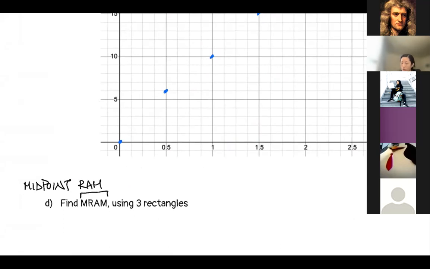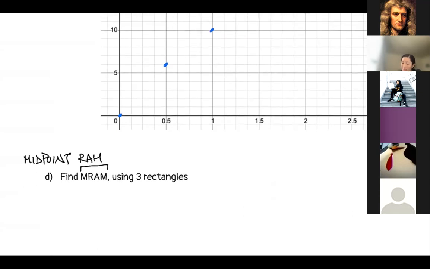Now, if we were to draw these, okay, let's think first about how many rectangles we have here. So I want us this time to only divide this region into 3 rectangles.